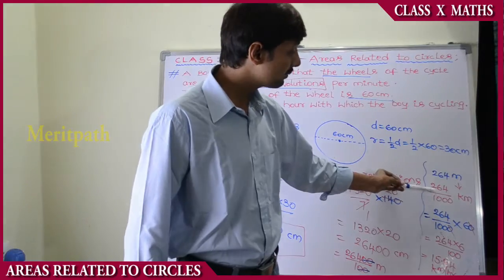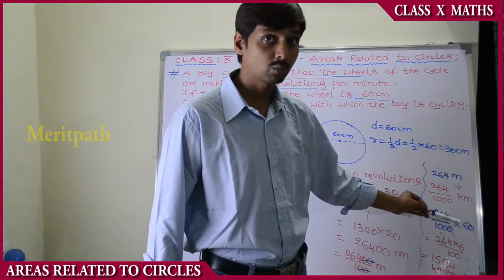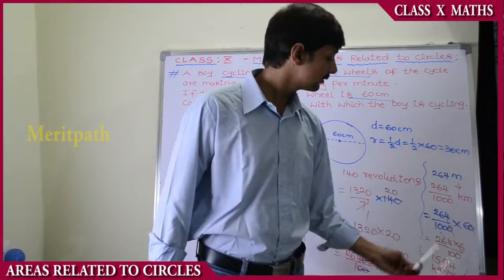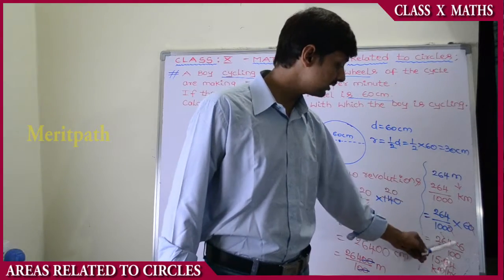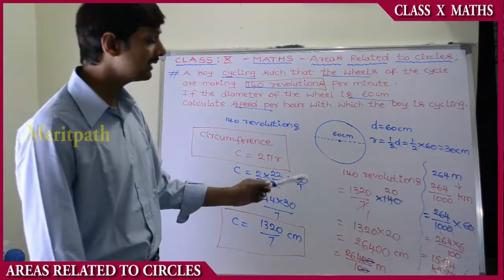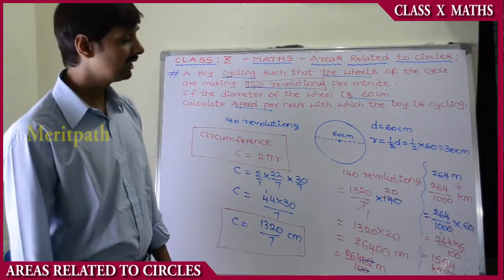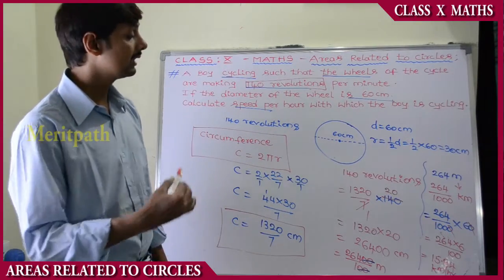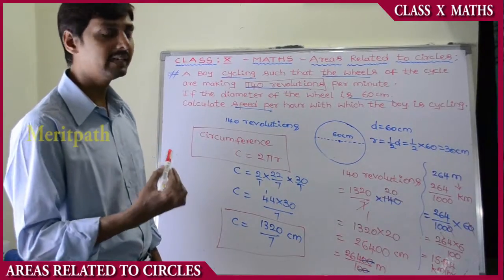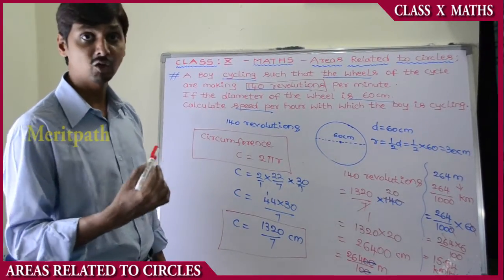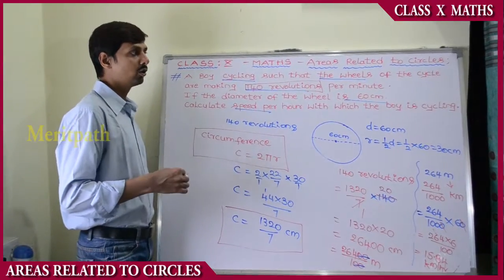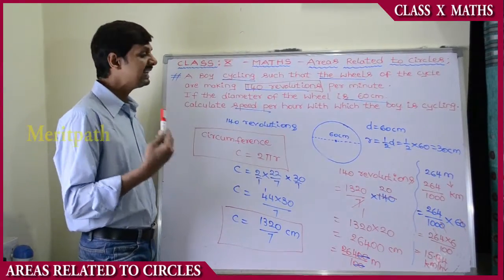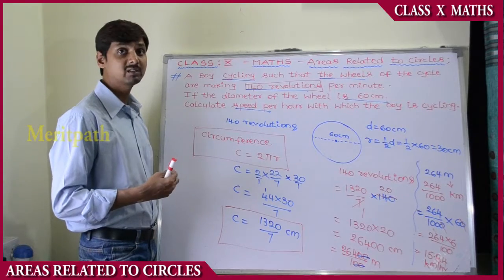So this is for 1 minute; for 1 hour, it is into 60. So cancel the zeros. Then we'll be getting 264 into 6 divided by 100. After the cancellation and dividing by 100, we'll be getting 15.84 kilometers per hour. So the speed of the bicycle is 15.84 kilometers per hour.